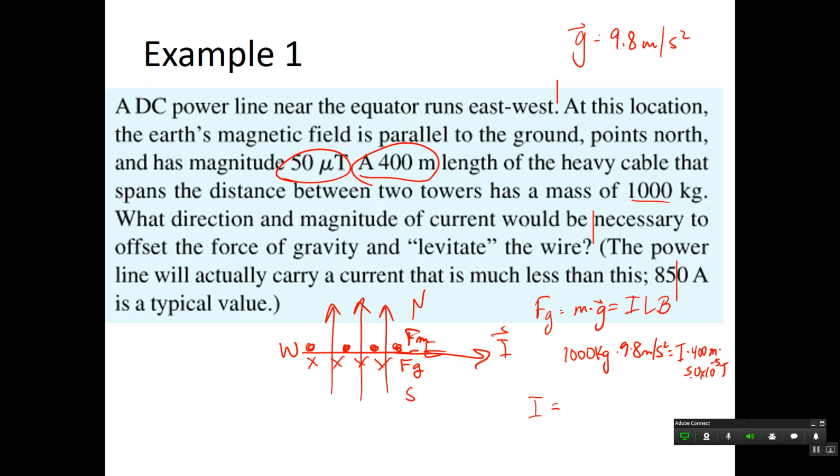Yep. Is this 10 to the 25? Is that right? That might be too high, the power. What did you get? 496,000. So I think you're off by a few zeros.